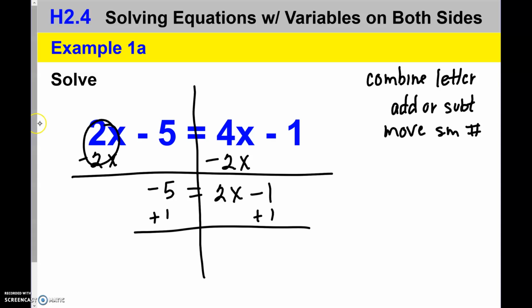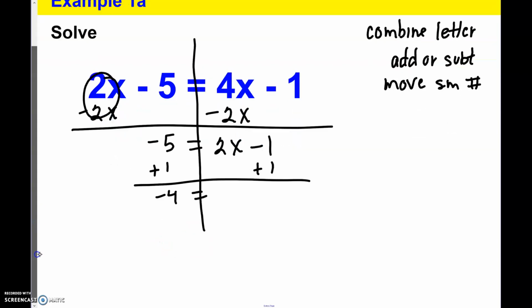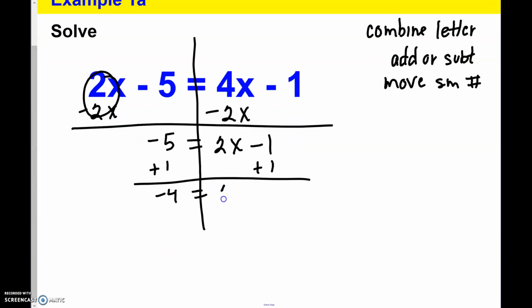Negative 5 plus 1 is negative 4, and we still have 2X, and negative 1 plus 1 cancels out. Now that says 2 times X, so I'm going to divide both sides by 2, and negative 4 divided by 2 is negative 2. So X is negative 2.